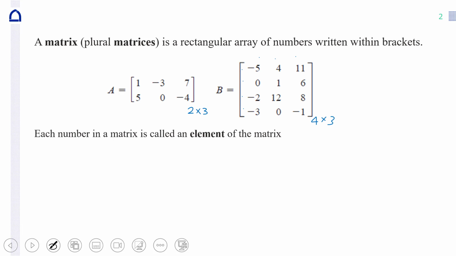Each number in the matrix is an element. So how many elements are there in A? A is 2 by 3, so it is 6 elements. B is 4 rows by 3 columns, so it has 12 elements.